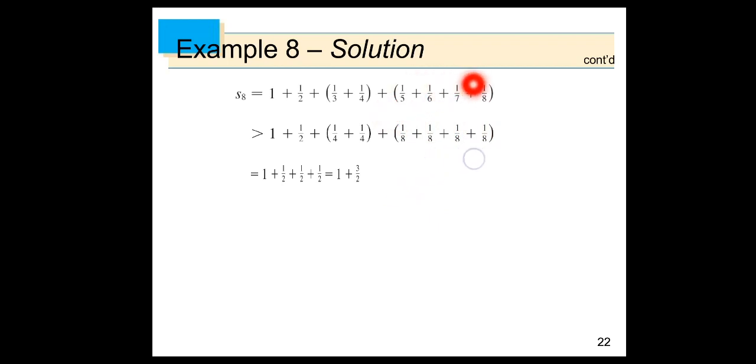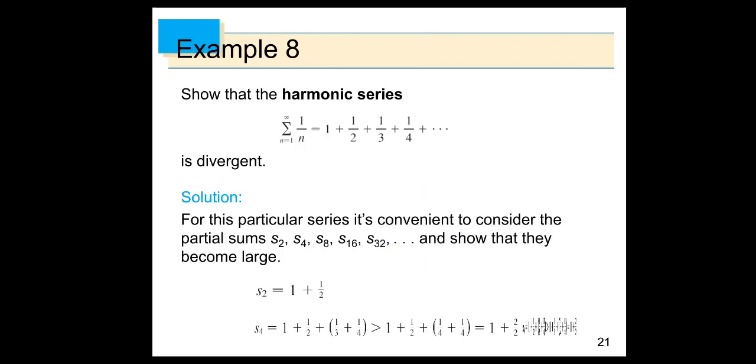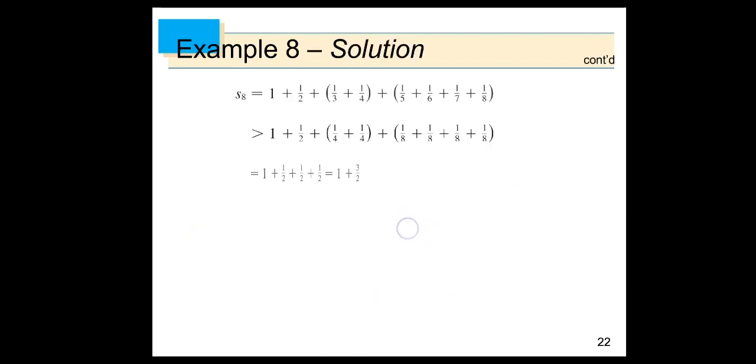In the previous S4 we had 1 plus 2 by 2, but after getting another half from here, it will become 1 plus 3 by 2.